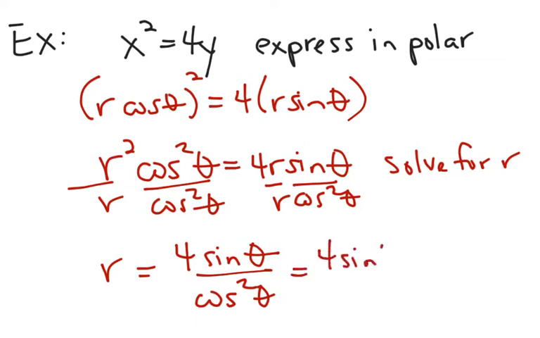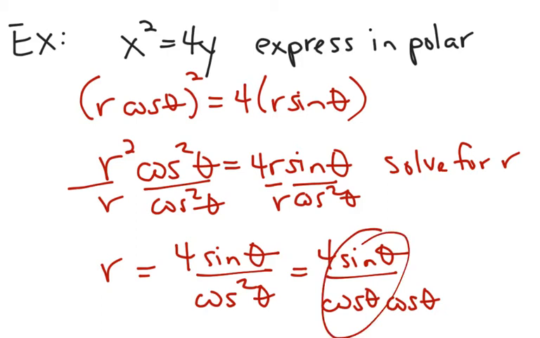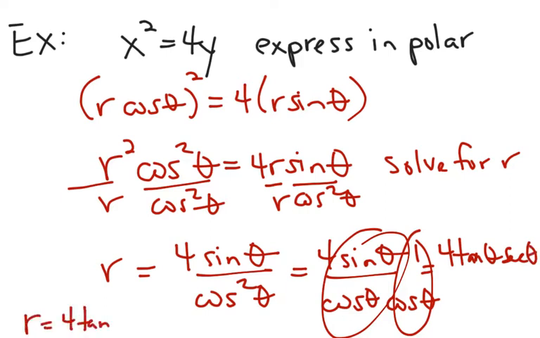So I'm going to remind you, because cosine squared is the same as cosine times cosine, and sine over cosine is tangent, and 1 over cosine is secant, that r equals 4 tangent theta secant theta is a better way of representing that in polar coordinates.